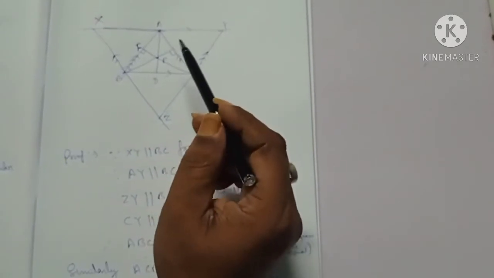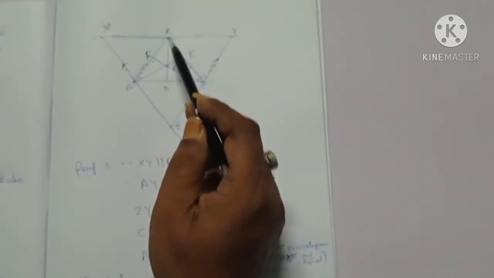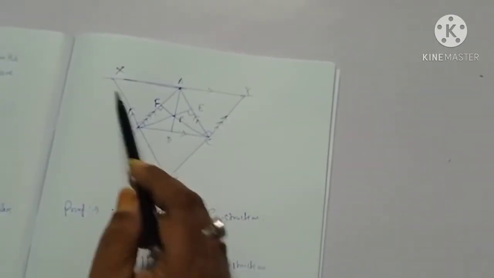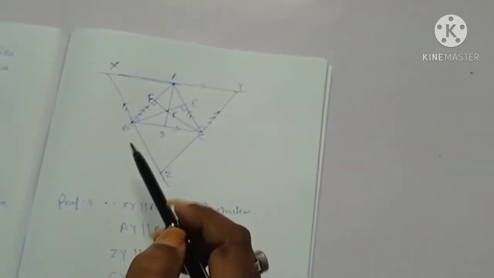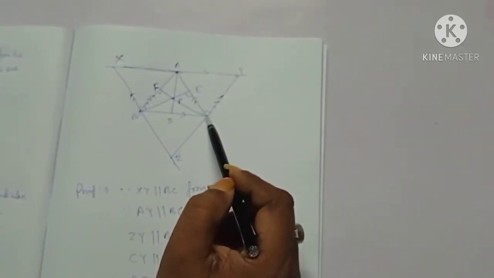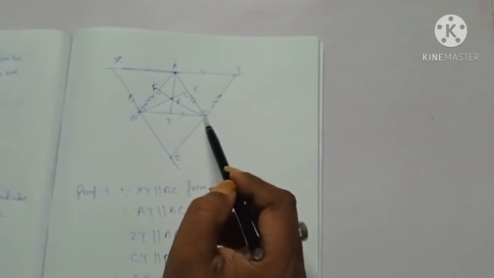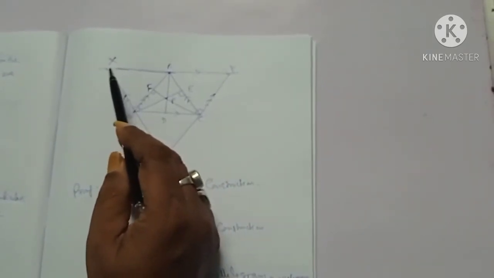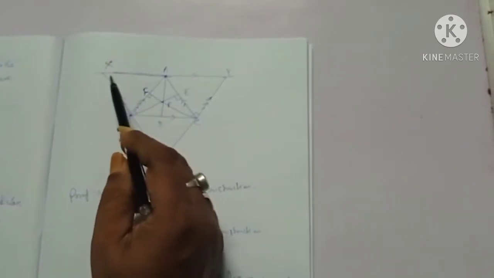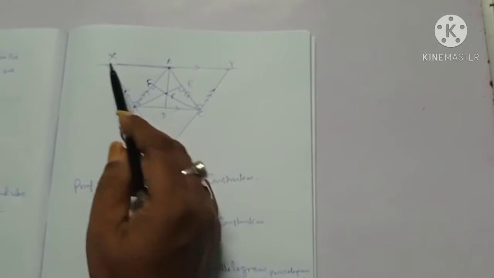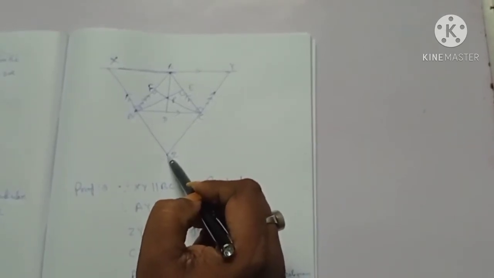Now, here you see AC is parallel to XY from construction, and BE is the transversal. So angle CEB is equal to angle XBE. They are alternate angles. So BE is perpendicular to XZ.